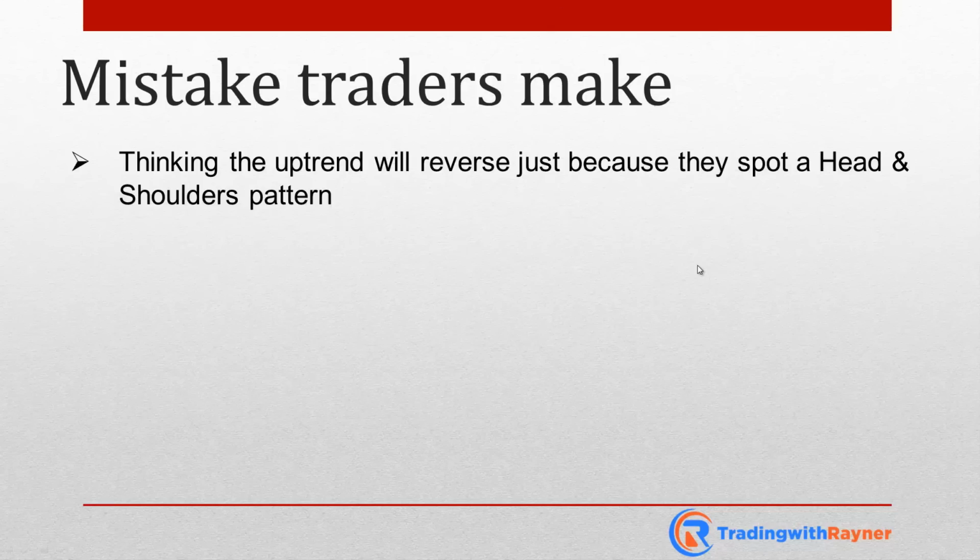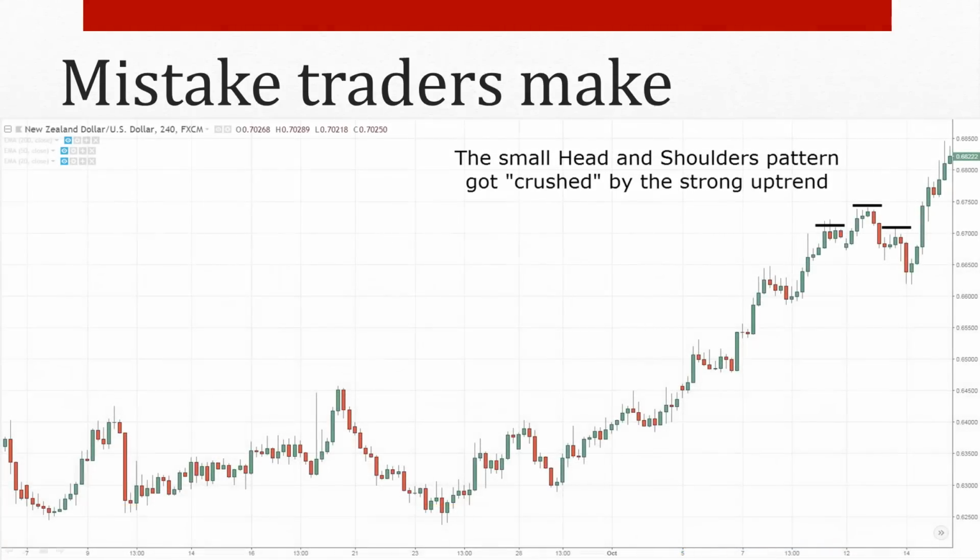So here's an example. You can see over here, this is a strong trend. Notice how long it has been persisting. This is in the 4-hour time frame, but you can see that the number of bars, the number of candles on this time frame, is so much more than this head and shoulders pattern that has formed. So to me, when you see this head and shoulders pattern going against this strong trend of longer duration, you want to avoid shorting it, because chances are you would get stopped out.